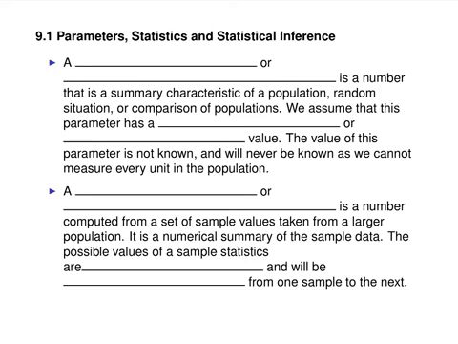Okay, a blank or blank is a number that is a summary characteristic of a population. What was the word for this? Kind of review. It starts with a P as well. Parameter. A proportion is a specific kind of parameter. Or sometimes people call this a population parameter.